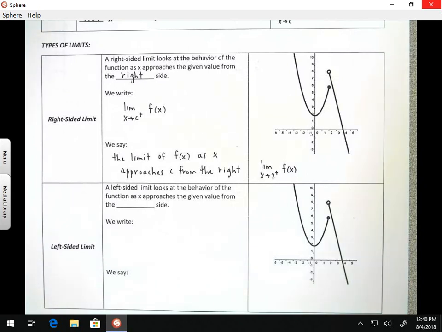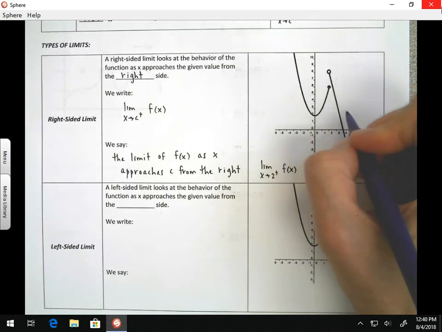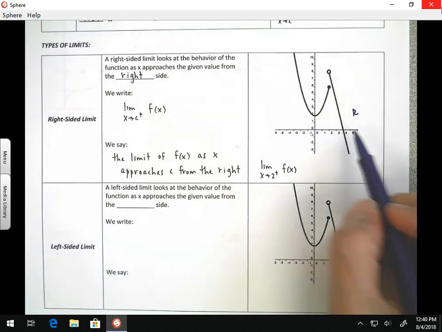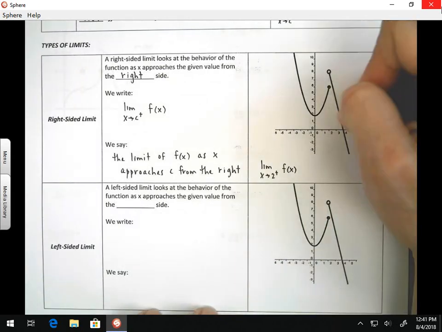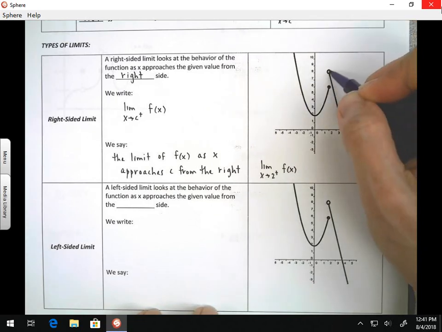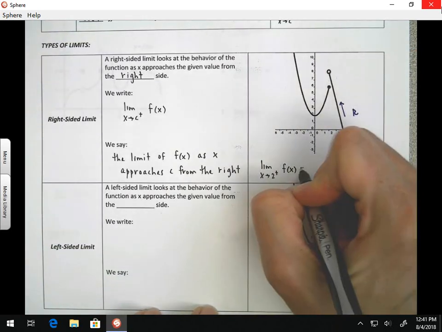Now, if I look at my graph, if this is 2, everything on this side of 2 is from the right. So if I follow my function to the right side of 2, really close to 2, the function value that I'm approaching is 8.